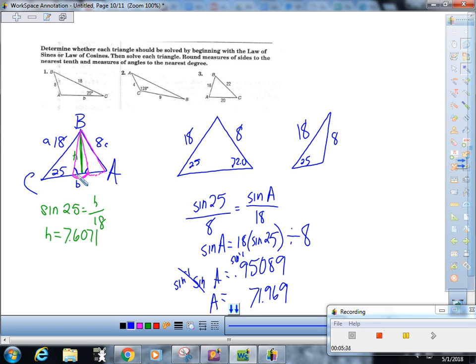So, to find this angle right here, you're finding that angle right there. How do you find it? You just take the supplement of the angle you just found. So 180 minus 72.0 is 108.0. I need to write 0.0 so I indicate to my audience that I've rounded.